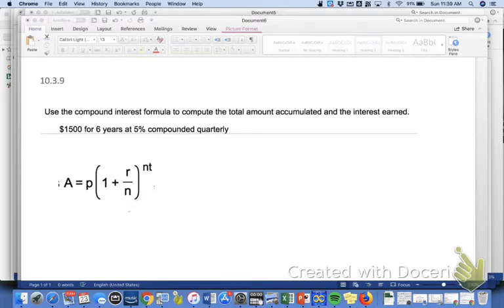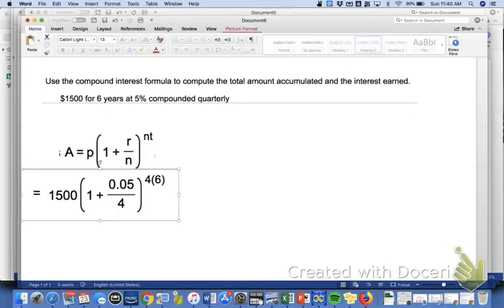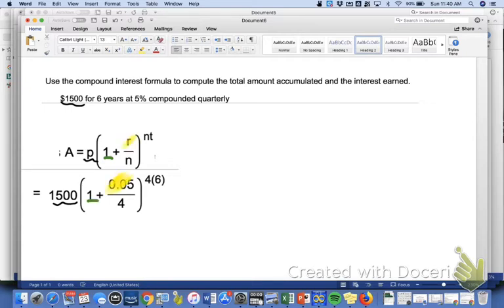So if I take all of those values and substitute it into the formula, I get this because the $1,500 given to me in the problem was the amount that you originally invested. That's your principal. Okay, that's your P. 1 is just part of the formula. The interest rate is that 5% that I've converted into a decimal.